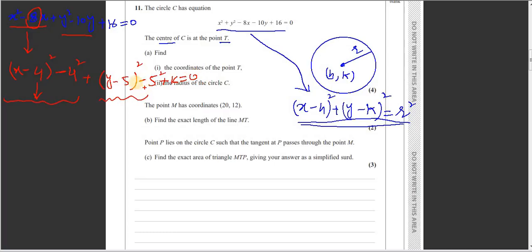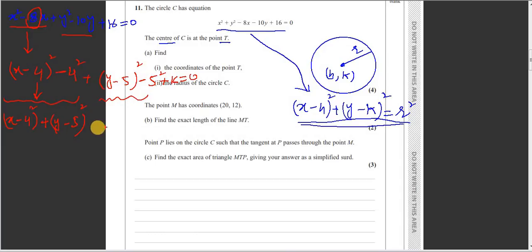And the next step is just algebraic simplification. See how we do that. I'm again rearranging this, writing first the x terms, (x − 4)², and then the y term, (y − 5)², and the rest of the constants.